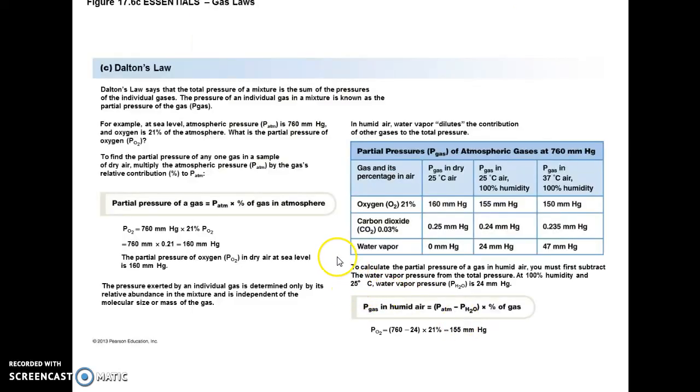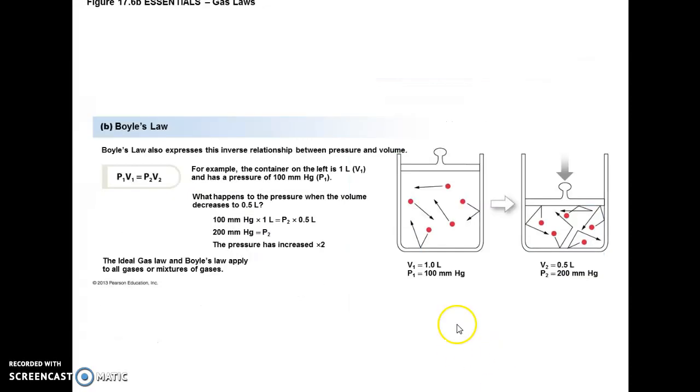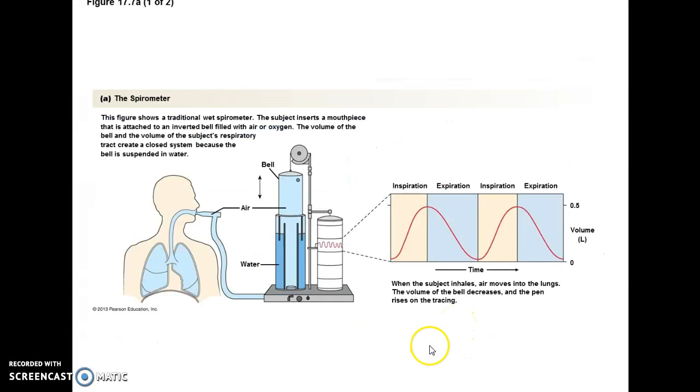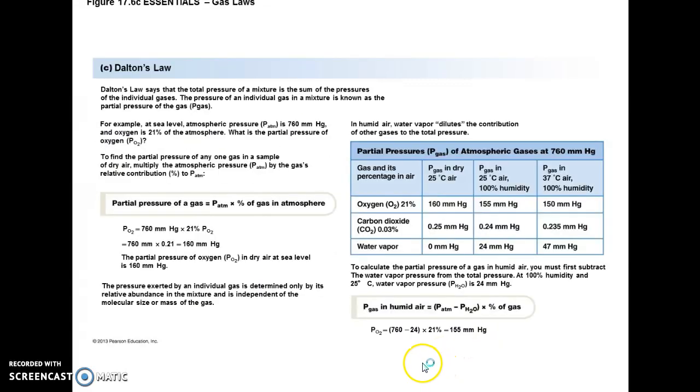So again, 21% of 760 gives us about 160. Since we displaced about 24 millimeters of mercury due to water, because we humidified it at 100% humidity, it'd be about 155 millimeters of mercury. So the partial pressure of oxygen is 160 in the air and about 150 millimeters of mercury in your lung.